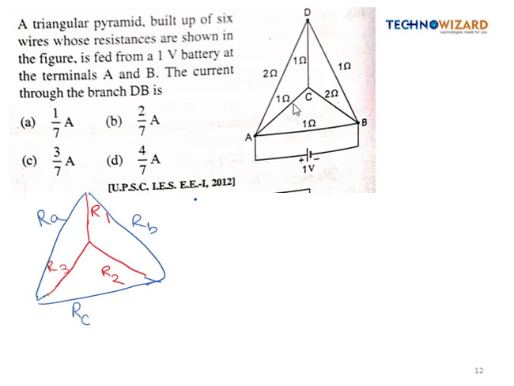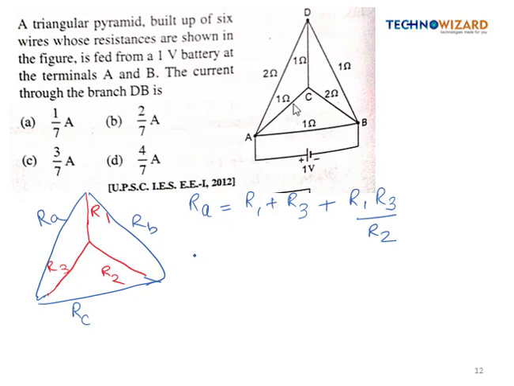It means I have to find out the value of Ra. So do remember this formula. If we have to calculate the value of Ra, it will be simply R1 plus R3 plus product of R1 into R3 divided by the branch opposite to Ra is R2, so divided by R2.